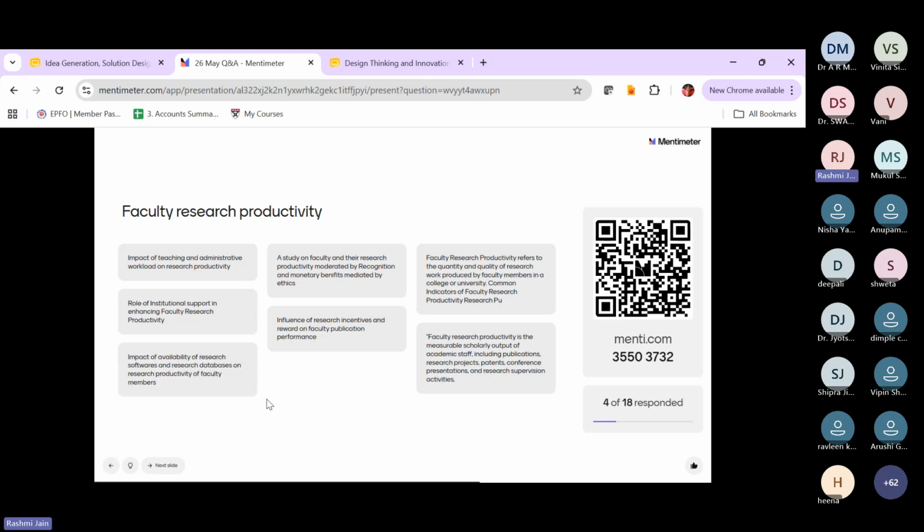Impact of availability of research softwares and research databases on research productivity of faculty members, right? So you can do a thorough study on research softwares and research databases and how it is impacting your research productivity. That's the fourth point we've got. We've got the workload, the institutional support, the incentives and rewards point, and now the availability of tools.